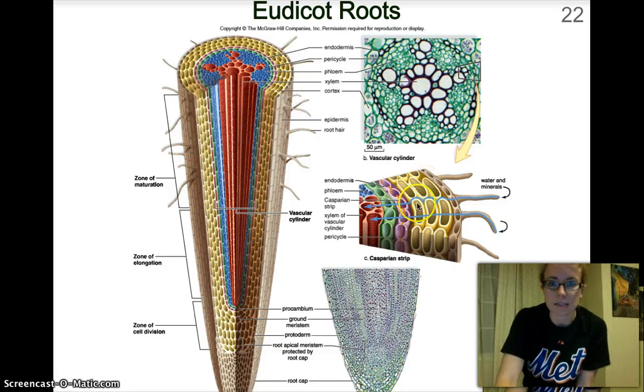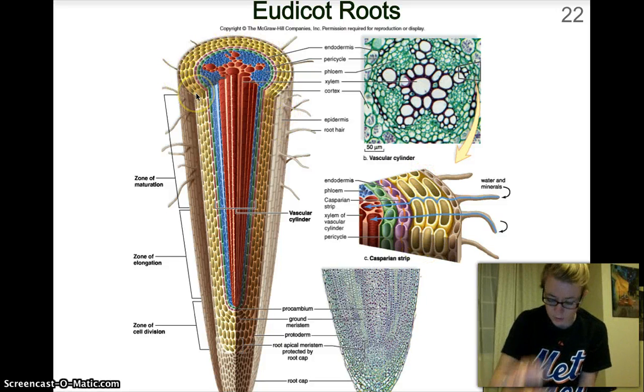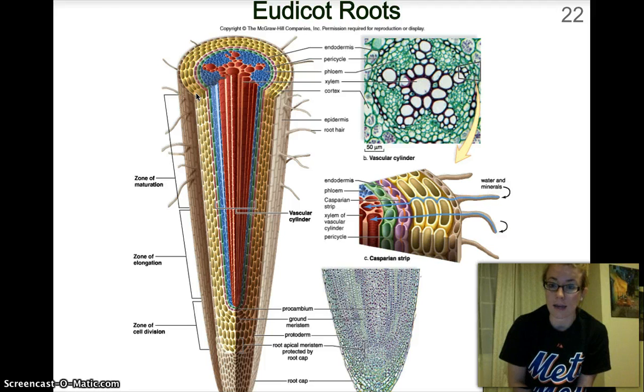Next, this yellow section right here is called the cortex. The cortex is where the ground tissue is located, so the parenchyma cells are located in the cortex. They're very loosely packed, so water can move in between them without having to enter the cells.